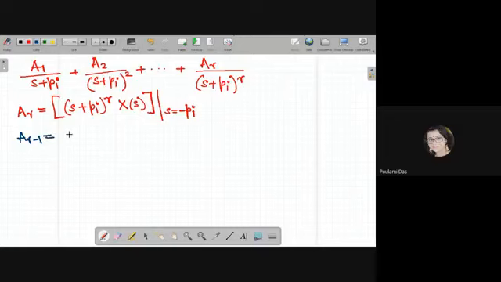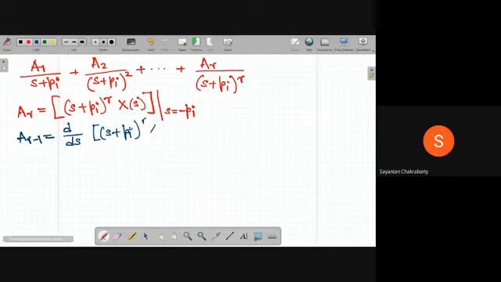So now we have to take the derivative. Exactly. So it will be d/ds of s plus pi to the power r times the expression. It's the entire derivative. Now you calculate the derivative, then you put s equal to minus pi.